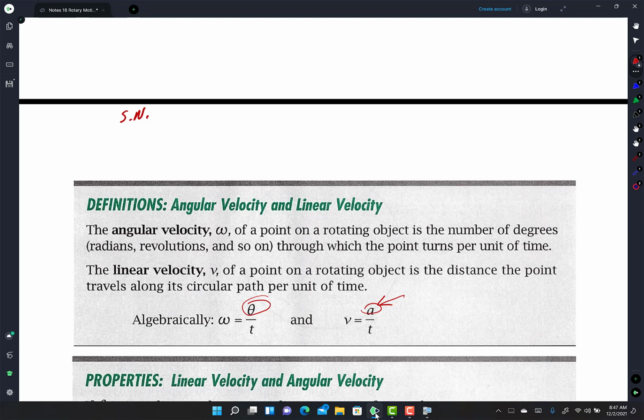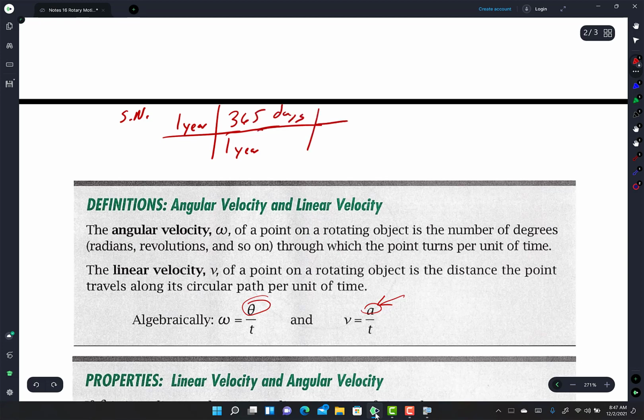So if I told you I want to know how many seconds there are in a year. So here's what you do if I wanted to use the T-chart. 1 year, and I go like this with a little t, and then I want to cancel years, right? And I go in 1 year, there's how many months? 12. Actually, let's just go right to days. How many days? So I'm going to write 365 days. And then I want to cancel days, so I'm going to write in 1 day, how many hours? 24 hours.